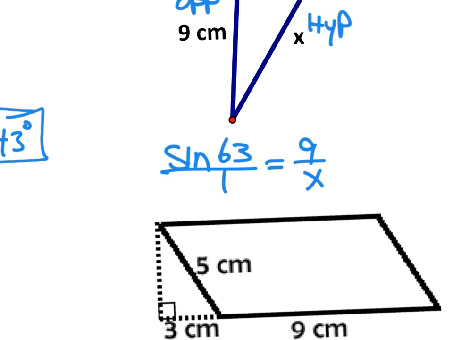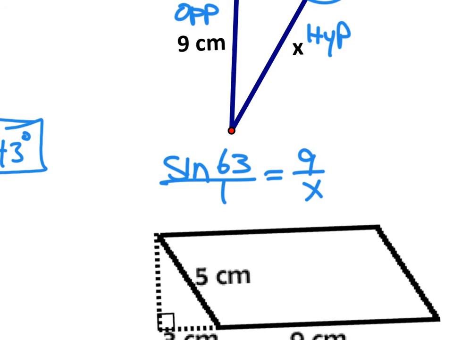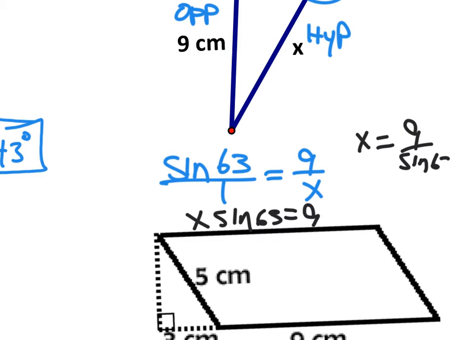When we cross multiply, we'll get x sine 63 is equal to 9. We'll have to divide by sine 63, so x is 9 divided by sine 63. On the calculator, that equals 10.1 for our answer.